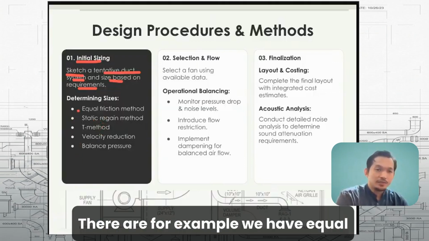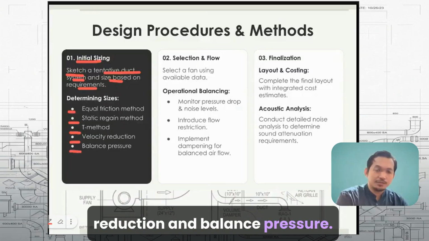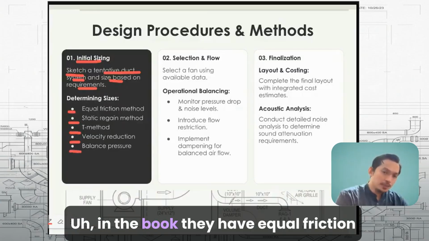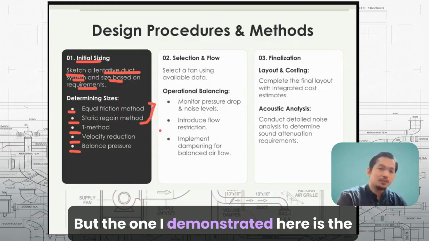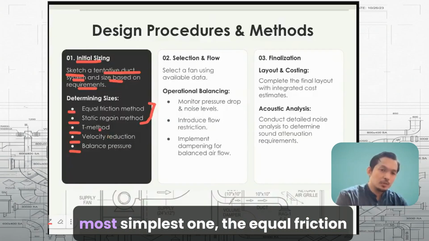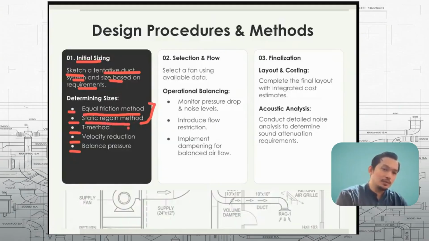For example, we have equal friction, static regain, T method, velocity reduction, and balanced pressure. In the book, they have the equal friction method and static regain method. But the one I demonstrate here is the simplest one, the equal friction method. You can do your own reading for the static regain method.